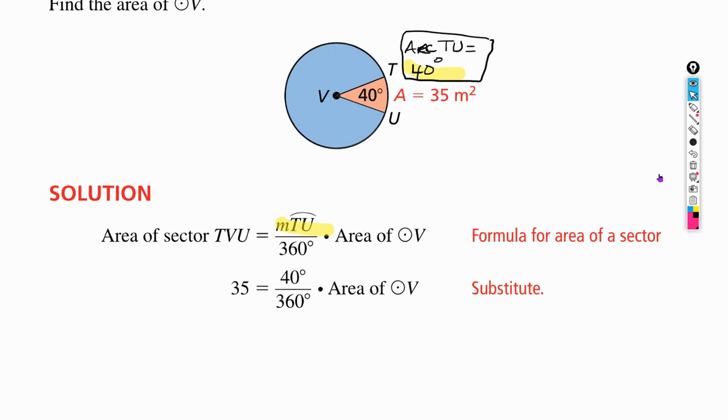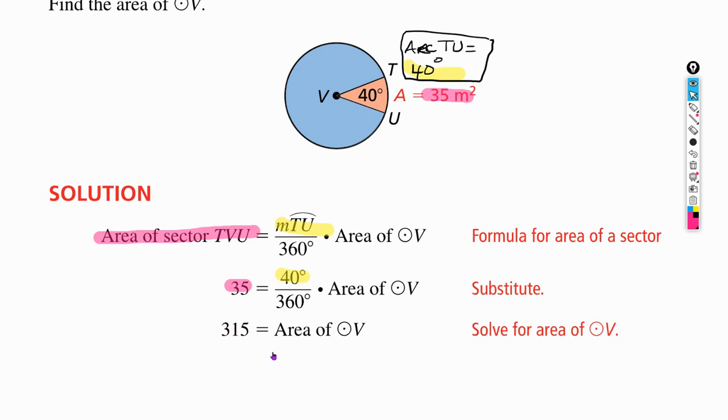And then I have the area of this peach-colored area in here, which is 35. So now we're going to do the math on this, and I'm going to find that the area of the circle is 315 square meters. All right, any questions at all on anything?